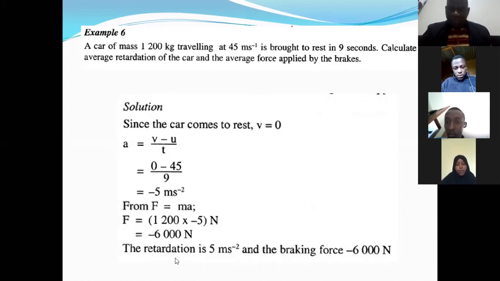When you talk of retardation, you remove the negative, because retardation means negative acceleration. You put it positive. Then the braking force is 6,000 newtons. So that's how you were supposed to have gone about that.